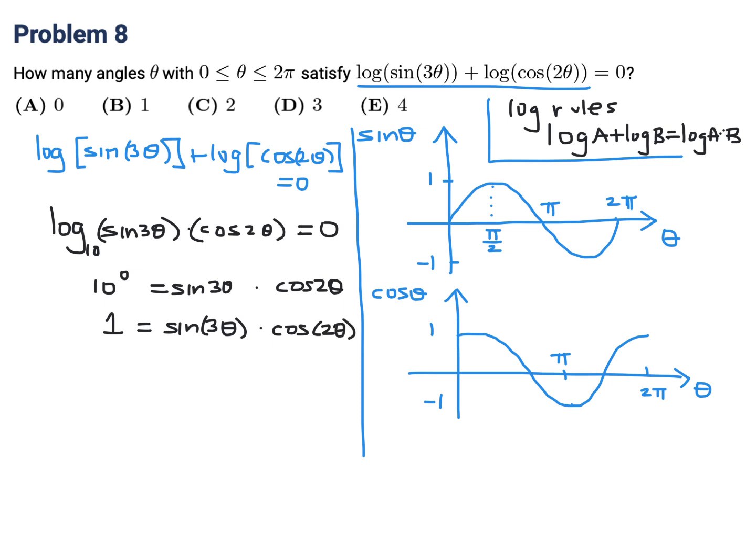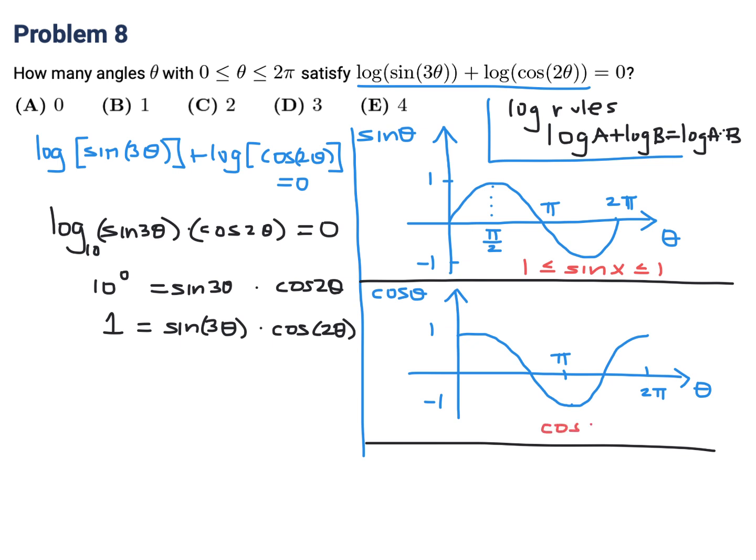Okay, so at this point, what do you do? Well, now we have to go back to the graphs, or even if you didn't remember the graphs, it doesn't matter, as long as you remember that the sine of something is between 1 and negative 1, as the graph illustrates. And similarly, the cos of something is also between 1 and negative 1.